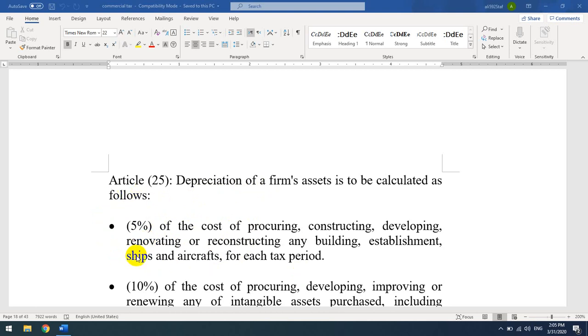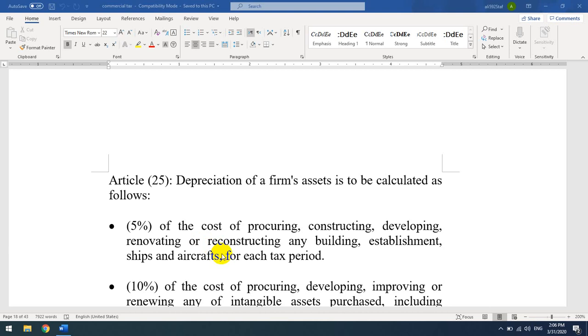This means that the cost of this asset has to be allocated equally among 20 years, 20 accounting periods. This is category number 1 of the fixed assets, and this is the method stipulated by the tax law for commercial and industrial activities.